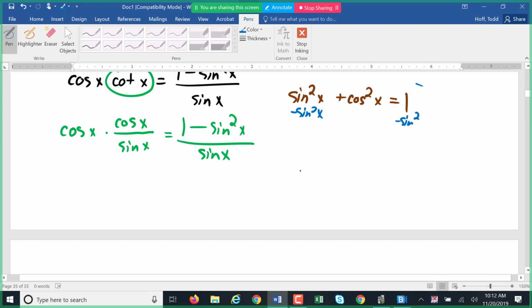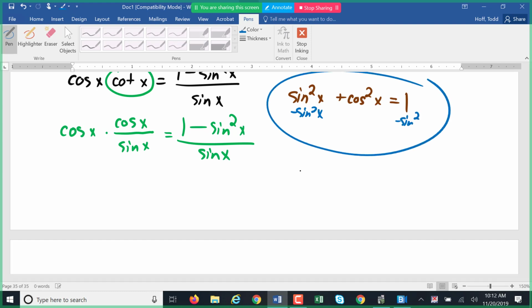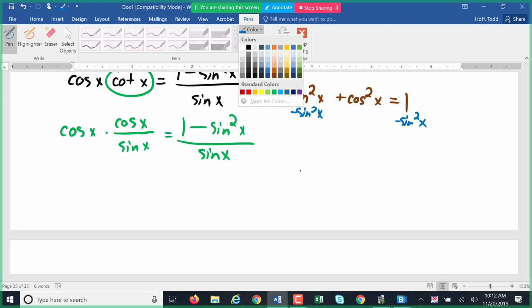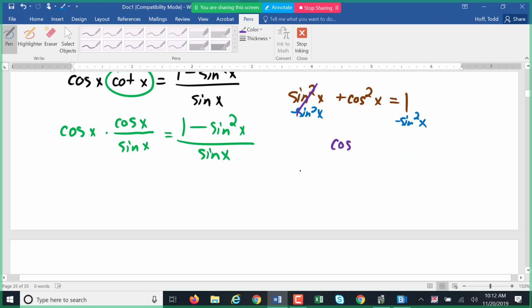Now I can do that here because this is an identity. We know that that's equal. I can't do anything like that here because we don't know for sure if that's equal or not. So I subtract sine squared x from both sides, giving me that cosine squared x is equal to 1 minus sine squared of x.